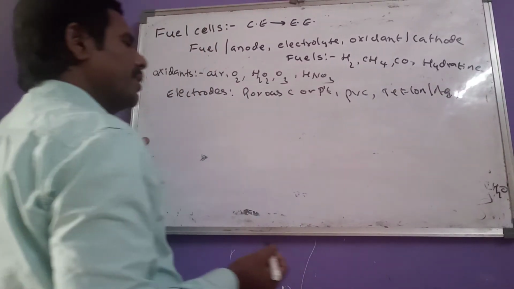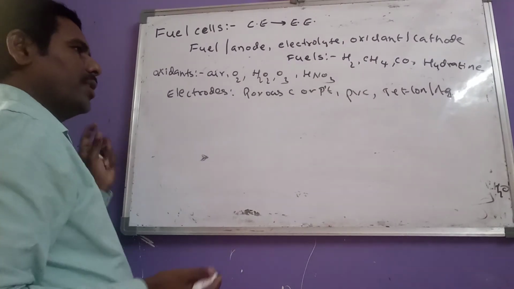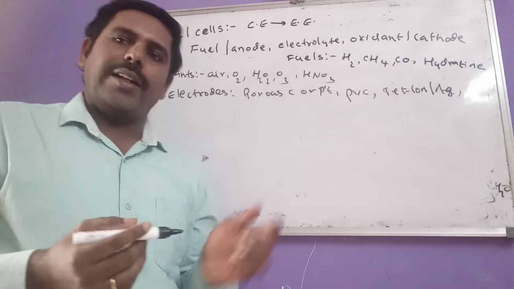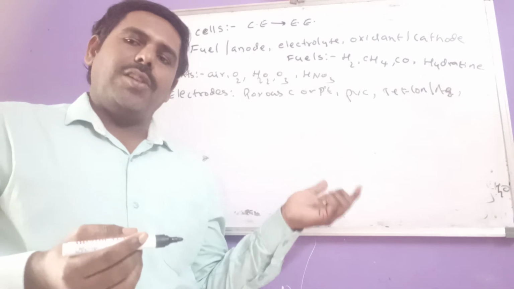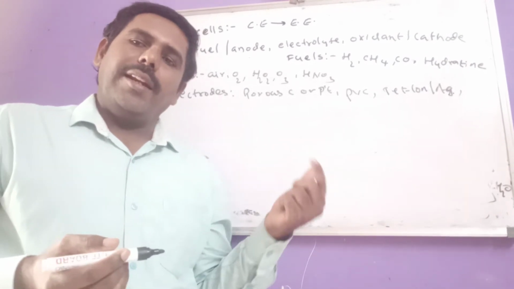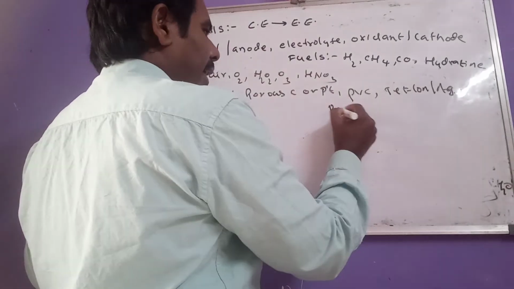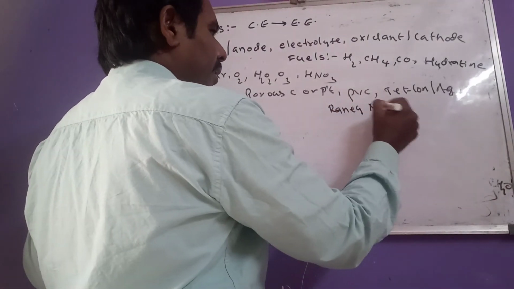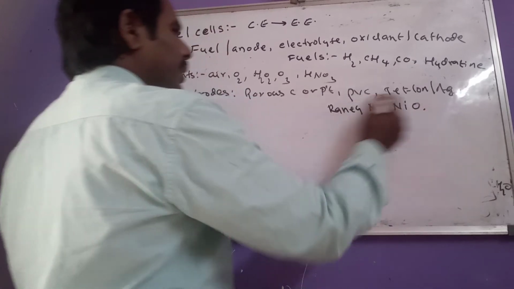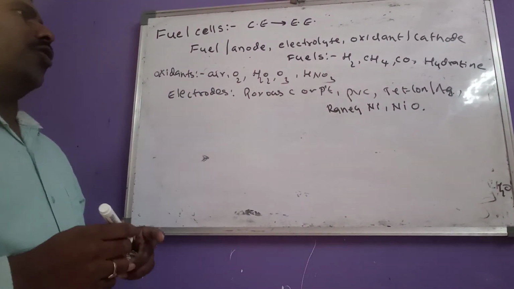Teflon coated with silver we can use as electrodes. So some other examples here: Raney nickel, nickel oxide also we can use. Raney nickel or nickel oxide, these are also used as electrodes.